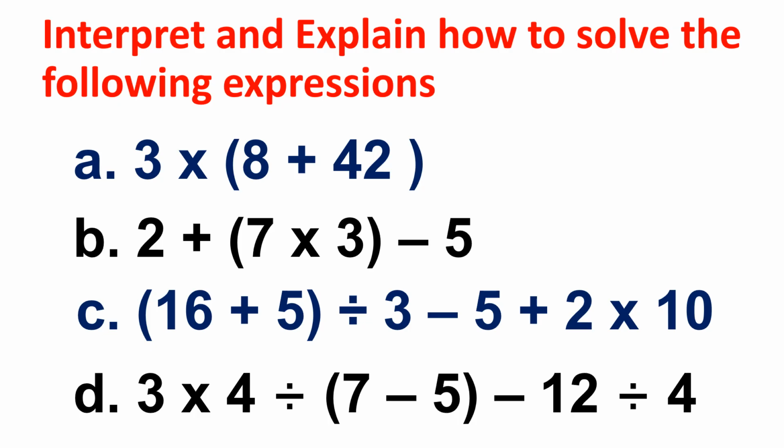Letter C, the quantity of 16 plus 5 divided by 3 minus 5 plus 2 times 10. And letter D, 3 times 4 divided by the quantity 7 minus 5 minus 12 divided by 4. Write your answers in your notebook. Okay?